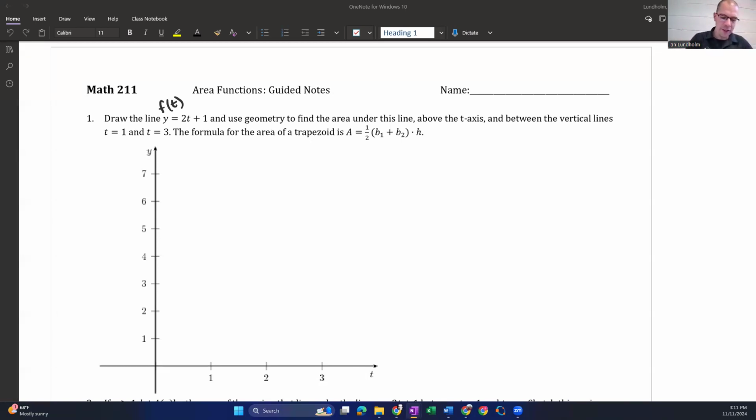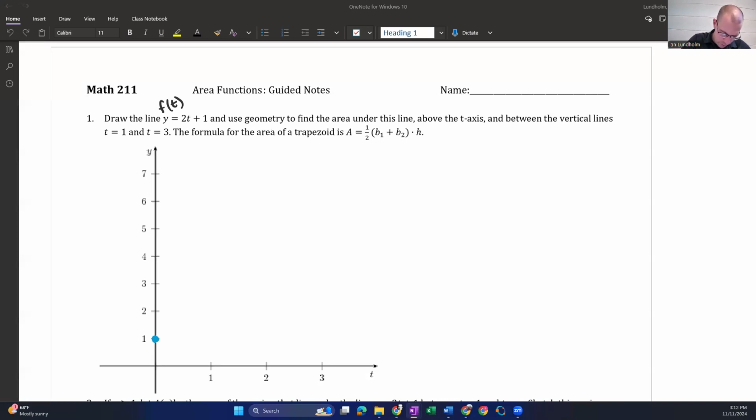Let's go ahead and start things off. We're supposed to draw this line, y equals 2t plus 1, and then use geometry to find the area under this line above the t-axis and between the vertical lines t equals 1 and t equals 3. So yeah, we're finding the area of a trapezoid. If we're doing 2t plus 1, it means we would have a y-intercept there.